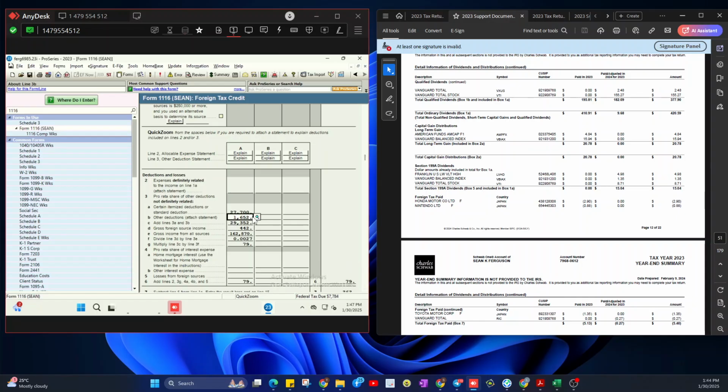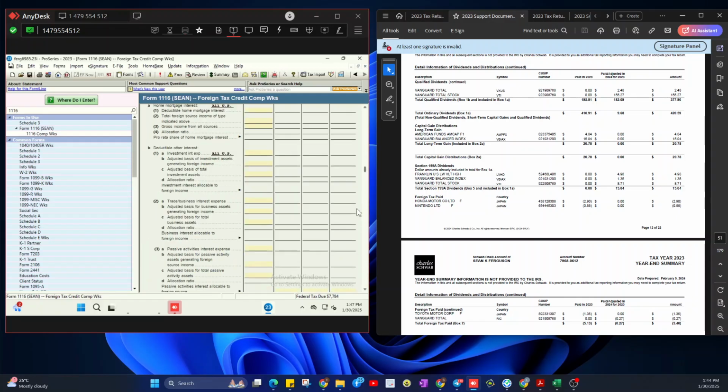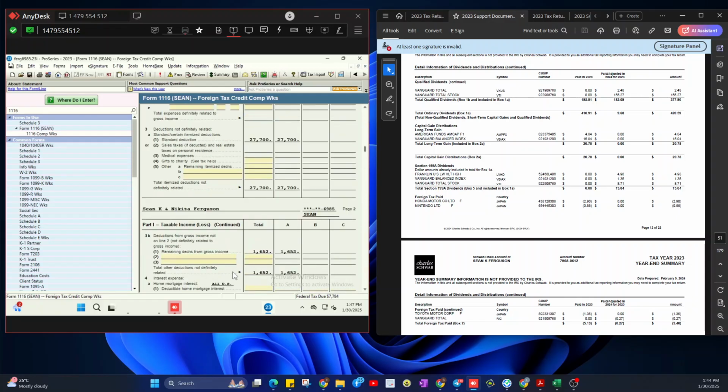All right, so where does this come from? 1652. Remaining deductions from gross income. So where does this come from?